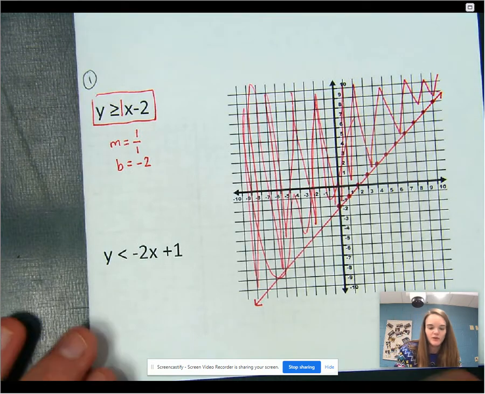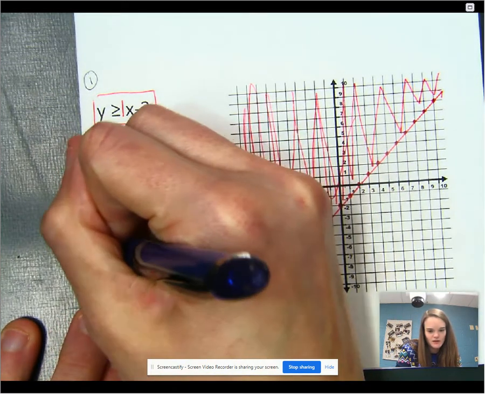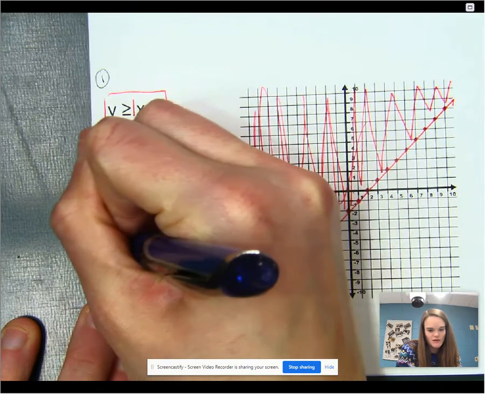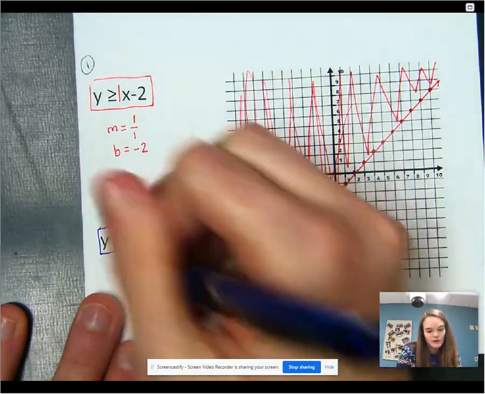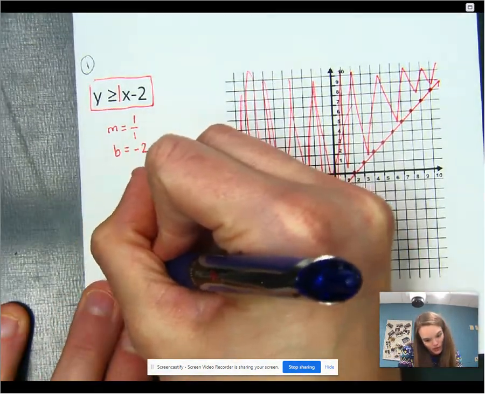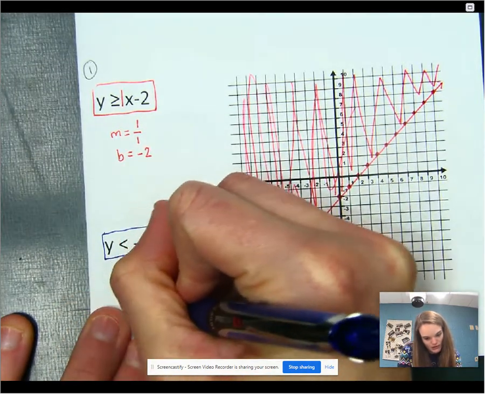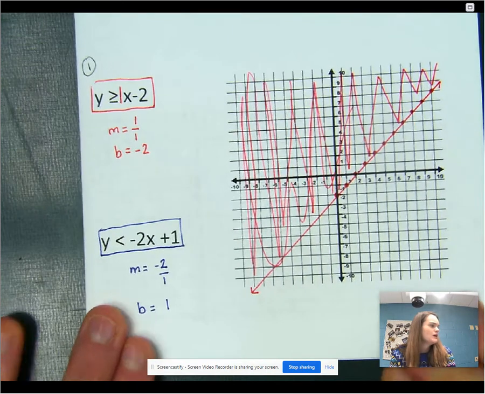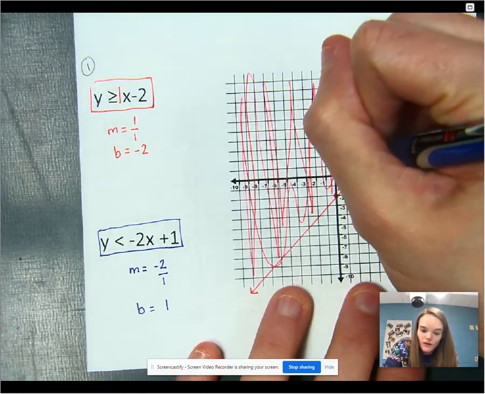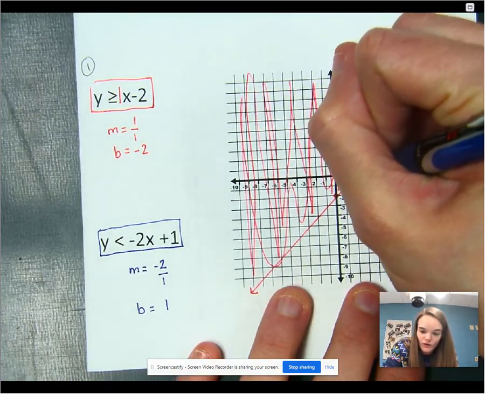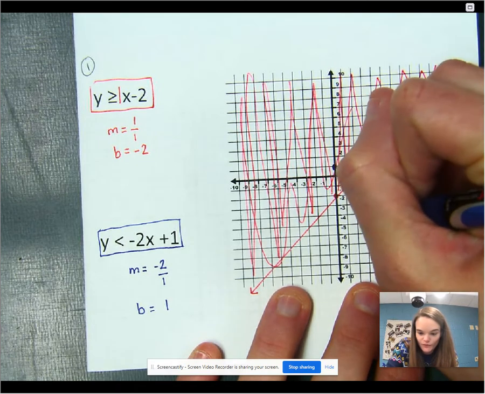Okay. The second one. Thankfully, y is by itself. M, or slope, is negative 2 over 1. B is 1. So put a point on 1. Just go down 2 over 1 and do that until you're out of room.